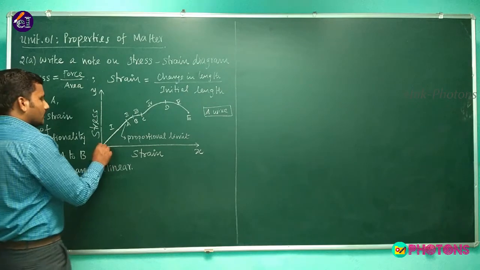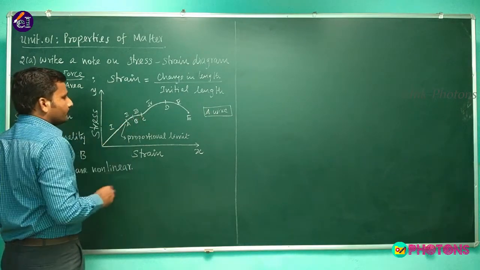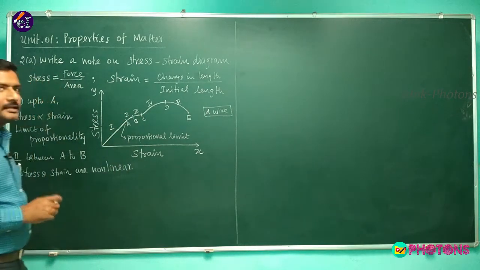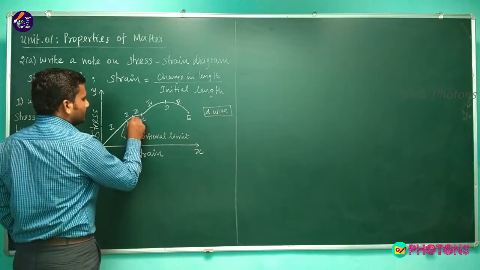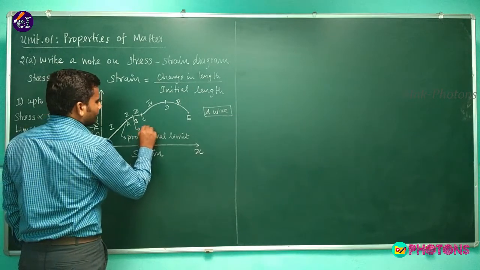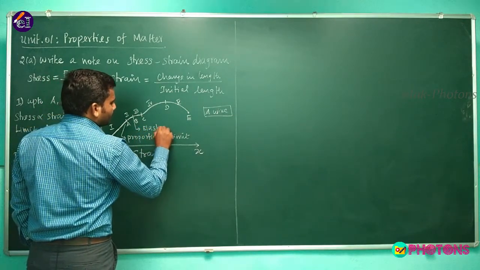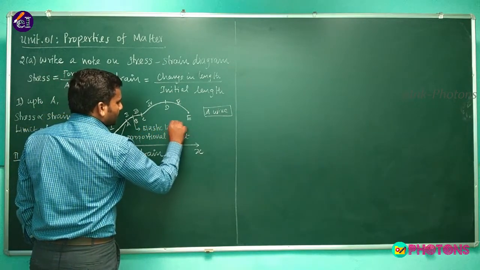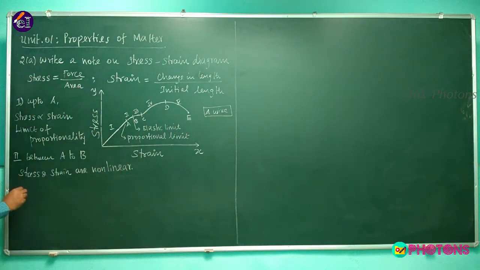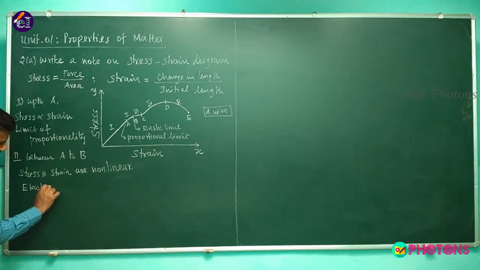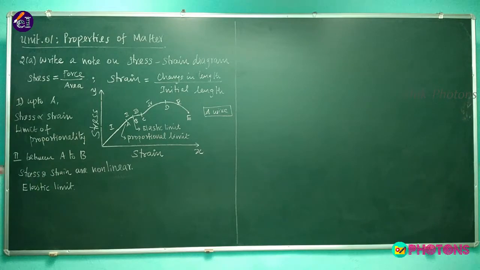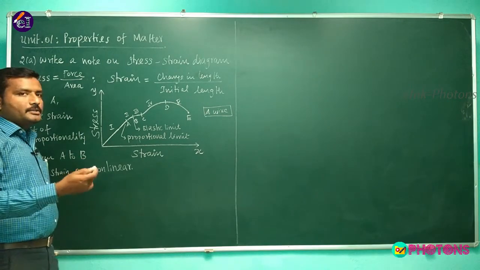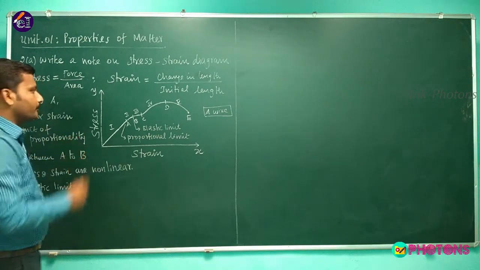So up to point B the material holds its elastic property, and point B is said to be the elastic limit.